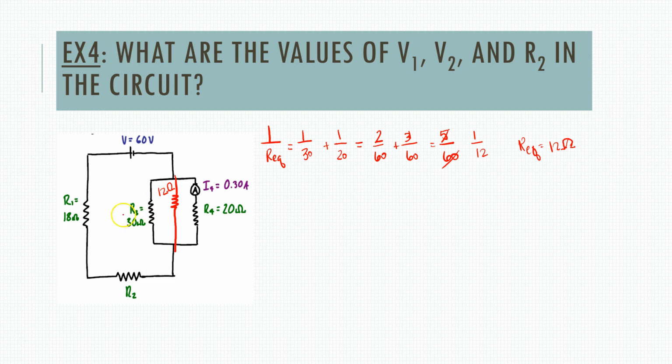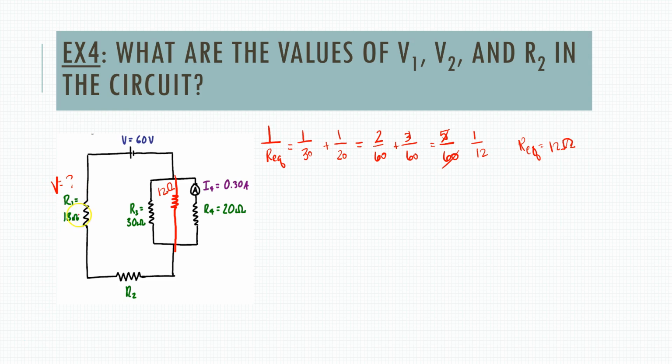So I'm kind of ignoring these two pieces as far as working part of the larger problem, okay? So now, if I know that that is 12 ohms, I can start to look at what it wants to know. I may still need these pieces of information, or I may not. It wants to know what are the values of V1. Well, let's see, V1 is going to be here. It wants to know the voltage at this resistor.